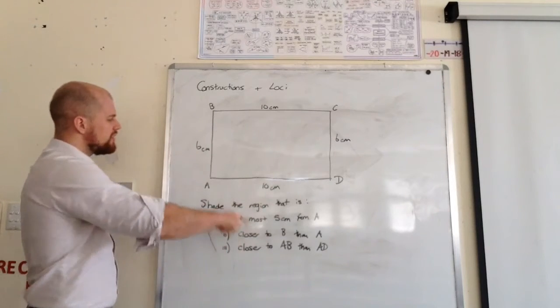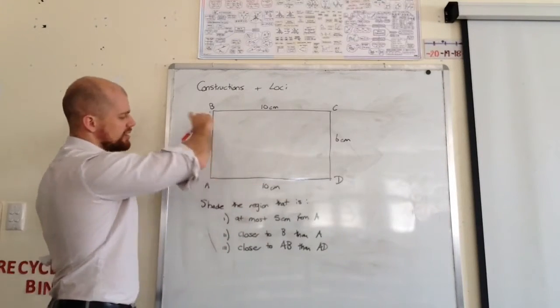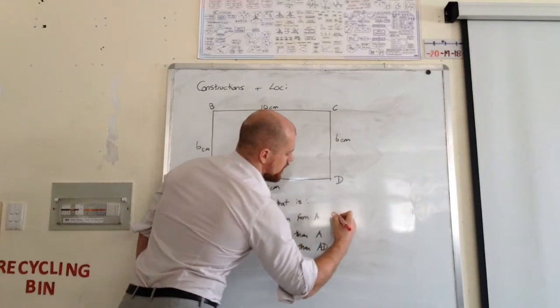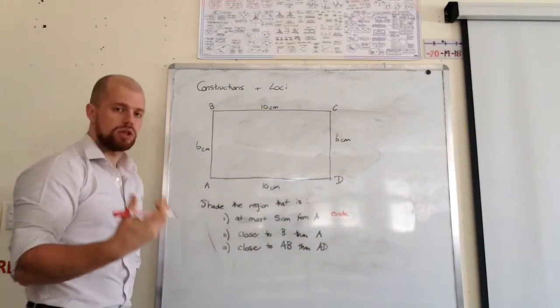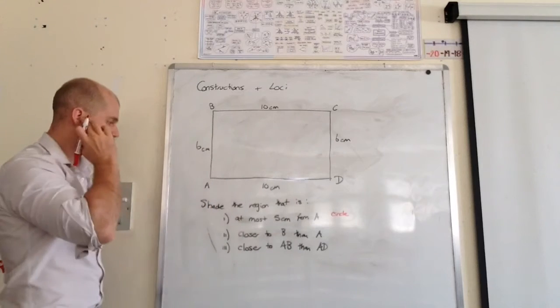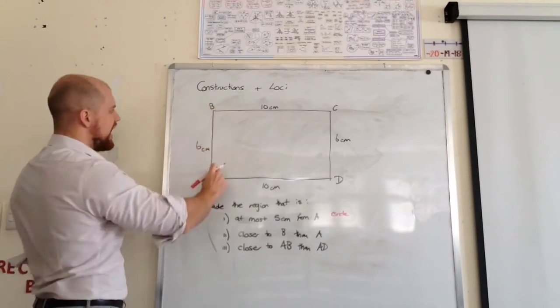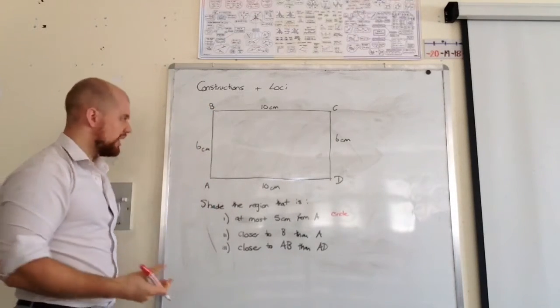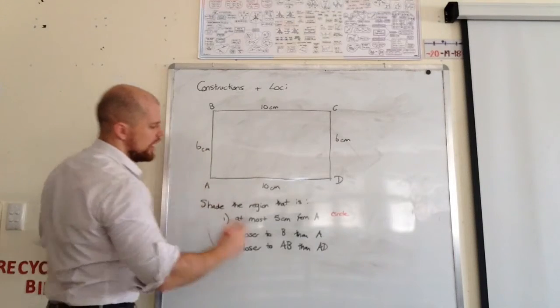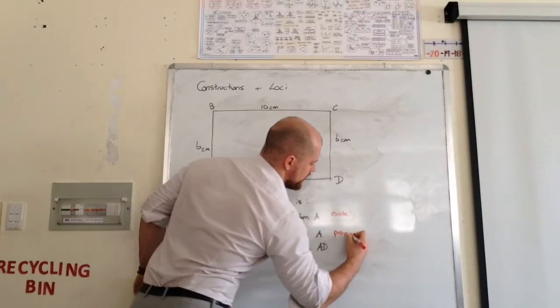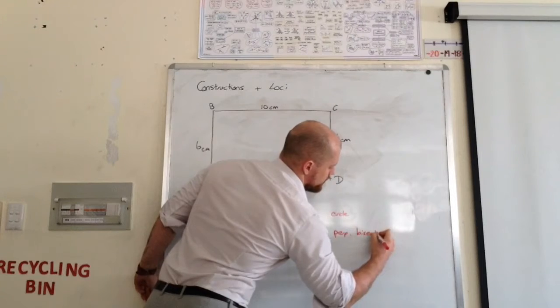So, at most 5 centimeters from A will be a circle. That'll be the construction you need to do. So you'll get your compass and you'll make a circle. Closer to B than A. If we're closer to one point than another, I need to draw the line in the middle. So I'm going to draw the perpendicular bisector.